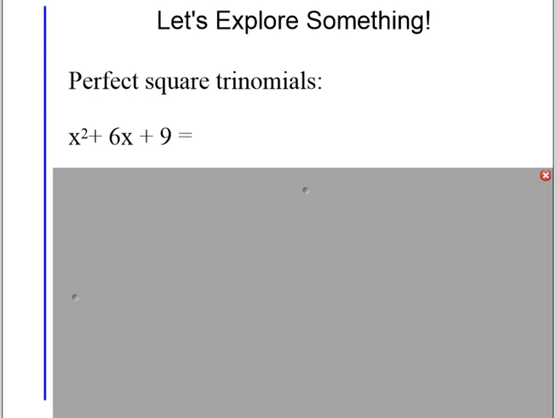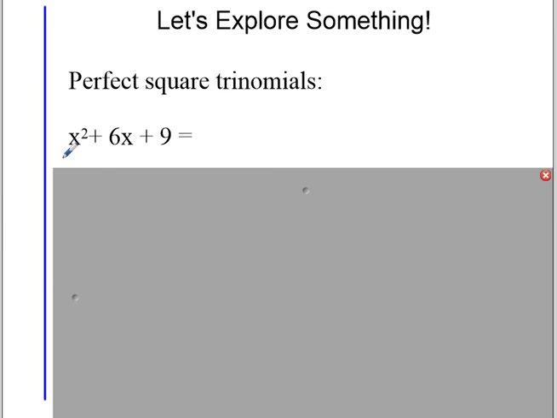As we move into completing the square, we need to talk about what a perfect square trinomial is. A perfect square is a number which you get from squaring another number, such as 9. 9 comes from 3 squared. A perfect square trinomial comes from multiplying two binomials of the exact same thing.